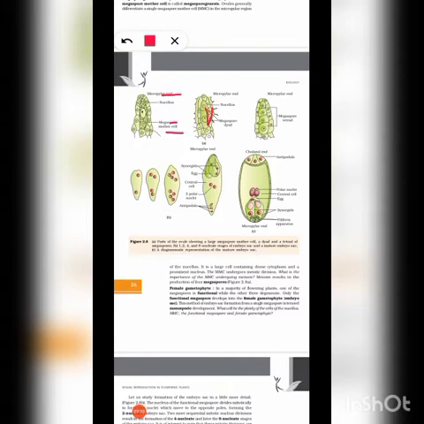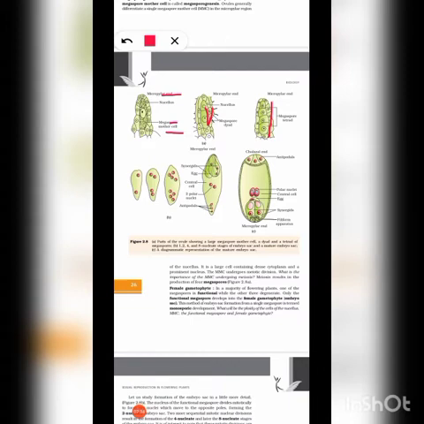Actually here only 2 are shown, and here you can see 4 megaspores. Out of these, 3 will degenerate and only 1 will become functional. Now we are going to see what happens in this one functional megaspore. You can see the megaspore's nucleus will undergo mitotic division.